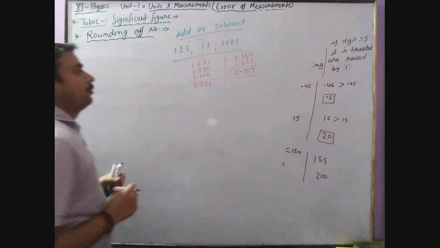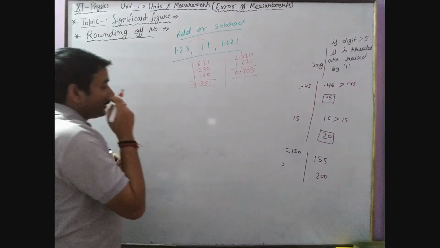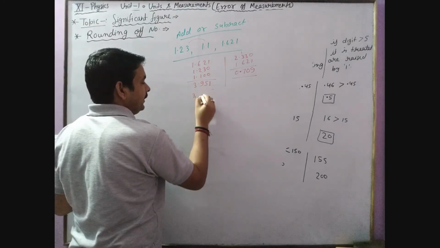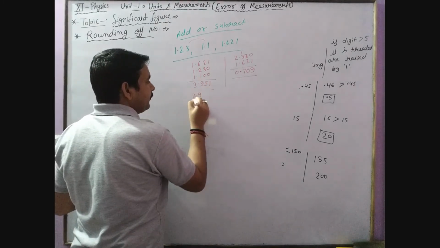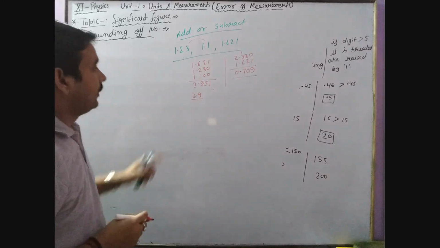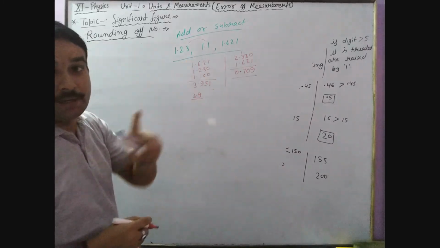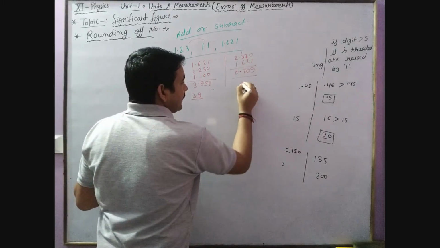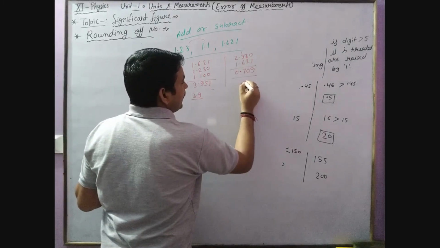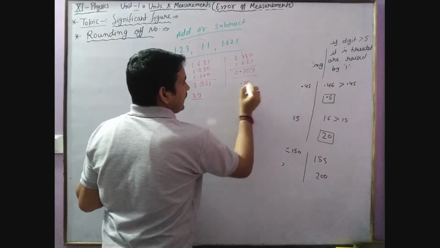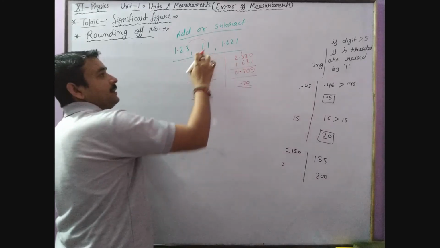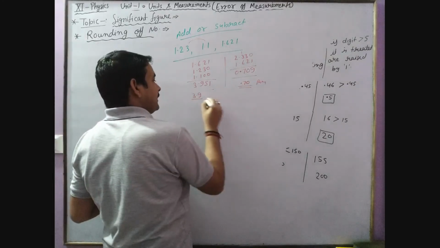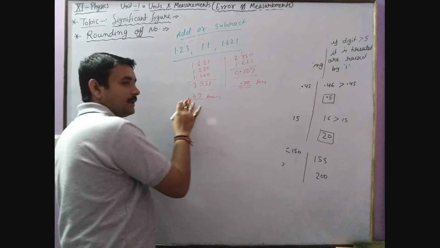Okay, so our answer is, for this addition the final result is 3.9, okay, because we have the two significant in our answer. Okay, and next here the answer is 0.70, because there is only two significant figure. So in subtraction our answer is this, and in addition answer is this.